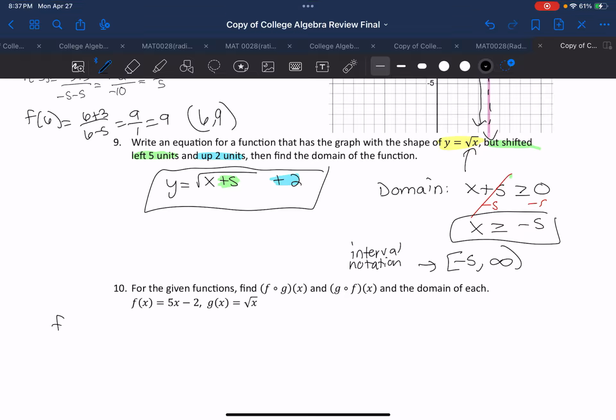So f of g of x is the same thing as plugging in g of x into the function for f. So f of g of x. So I'm going to take g of x, which is the square root of x, and I'm going to plug it into f, where I see that x.